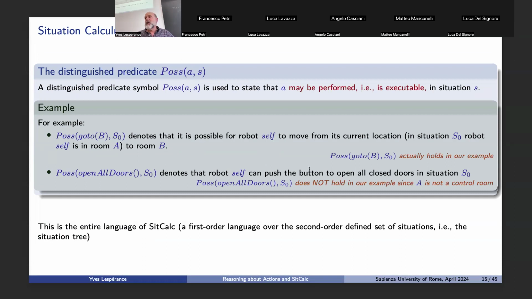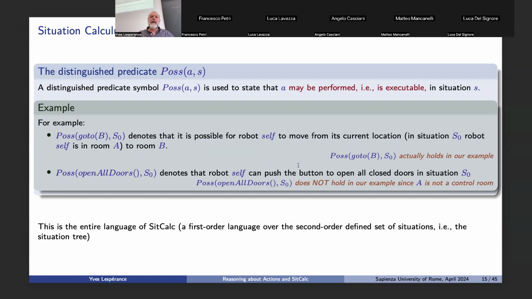This is not true. Why? Because you can only do this action when you're in a control room. In S0, the agent is in room A, which is not a control room, so this should be false.